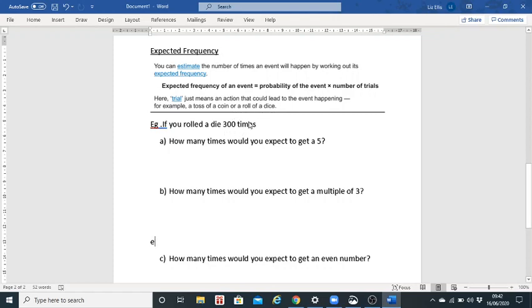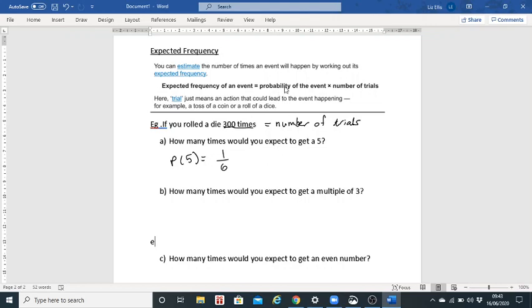So let's have a look at a roll of a dice. So we're going to roll the dice 300 times. This is the number of trials. It's how many times we're actually rolling our dice. Now, how many times would we expect to get a 5? Well, the probability of getting a 5, hopefully you all know, is a sixth. So the probability of rolling a 5 on a die is 1 over 6.